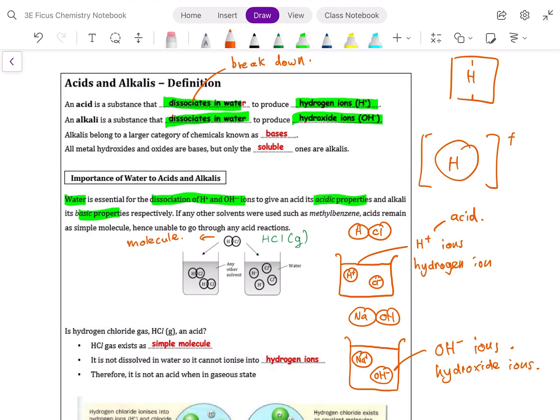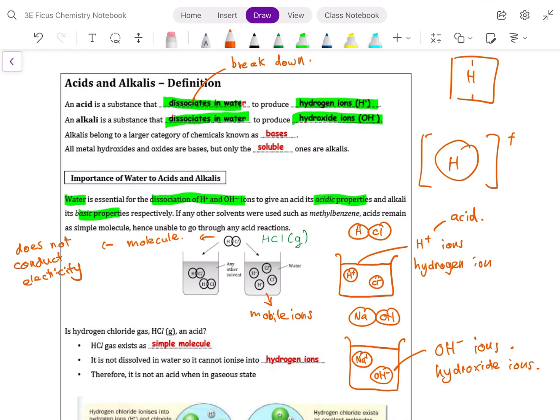The HCl gas itself is a molecule. If you recall what you learned in bonding, a molecule, because it's electrically neutral, does not conduct electricity. So don't forget things that you learn in bonding. But once it dissociates in water, you realize there are actually mobile ions.